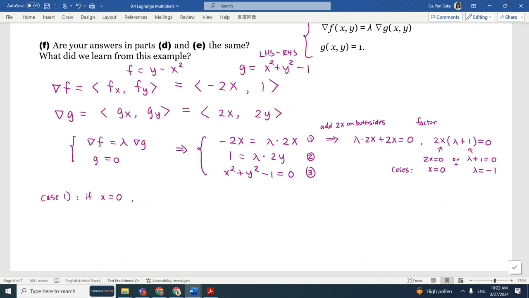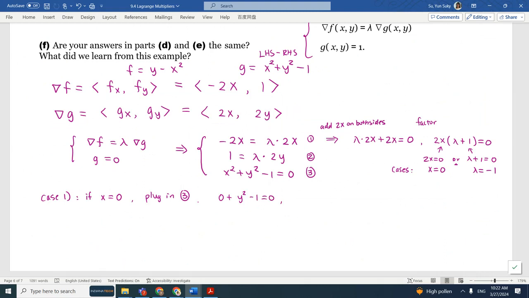If x is 0, look at the last equation. We can then plug into the third equation. What do we get? X is 0, so 0 plus y squared minus 1 is 0.